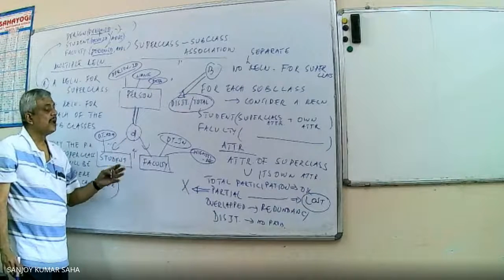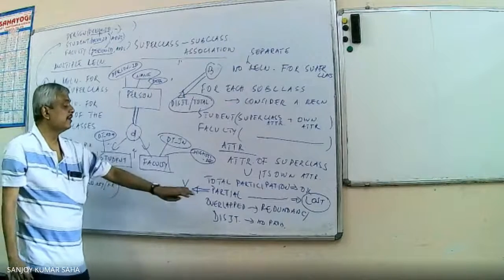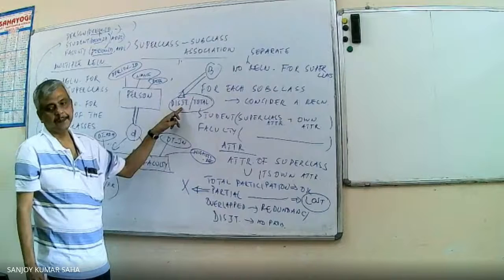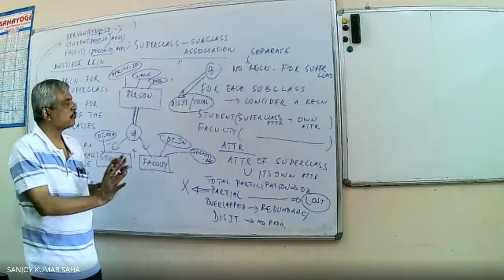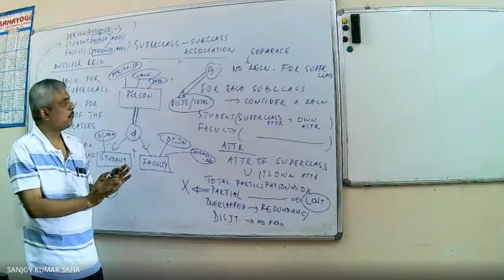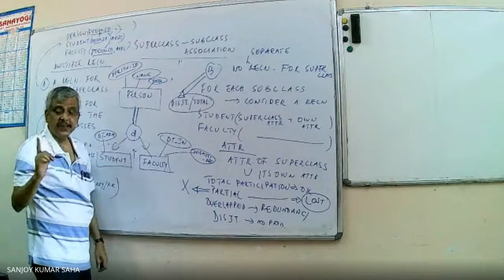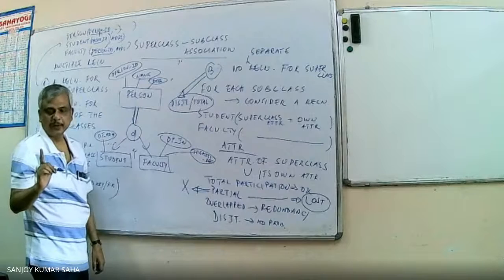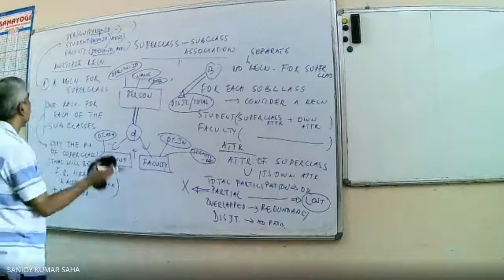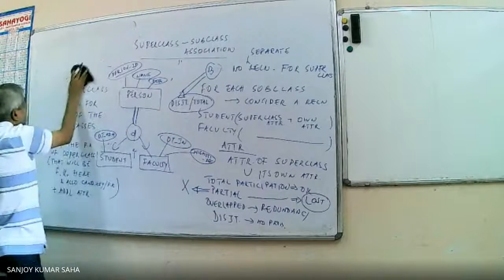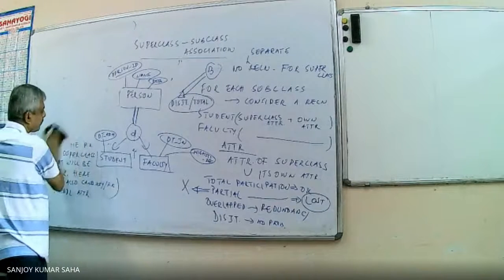Otherwise, this model will either lose information if it is partial, or there will be redundancy if it is overlap. So these are the two scenarios if we want to implement the superclass-subclass relation using multiple relations of the relational model.